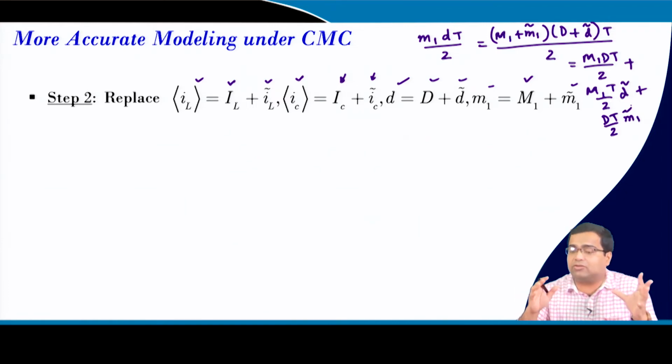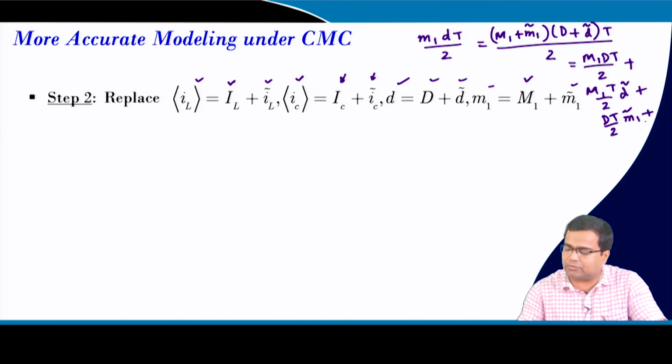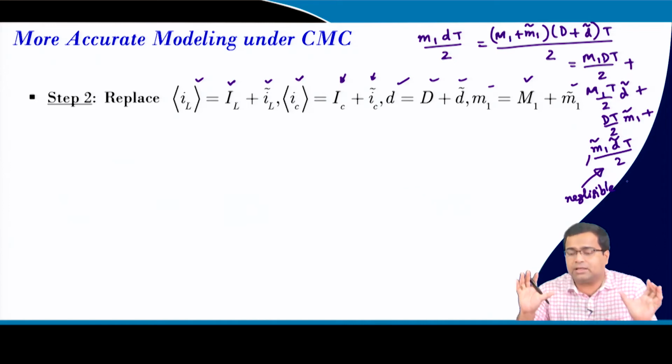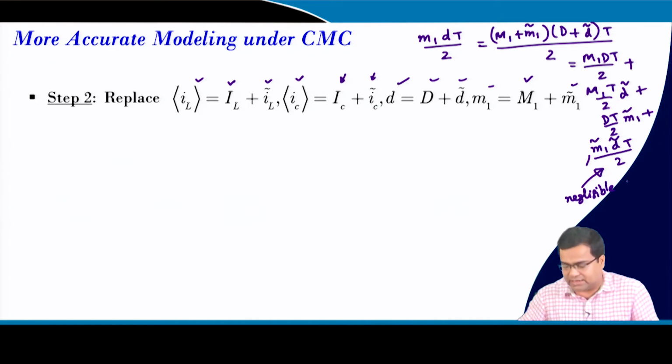However, there is one more term which is m1 perturbation d perturbation T by 2, but this we are ignoring, this is negligible because for small perturbation this is negligible, otherwise this will introduce a nonlinearity.